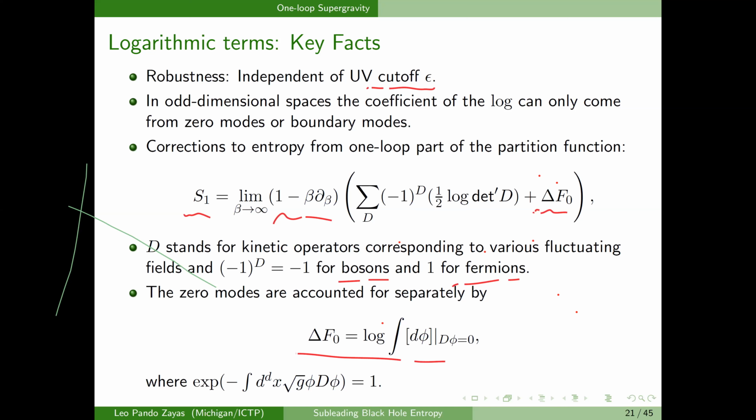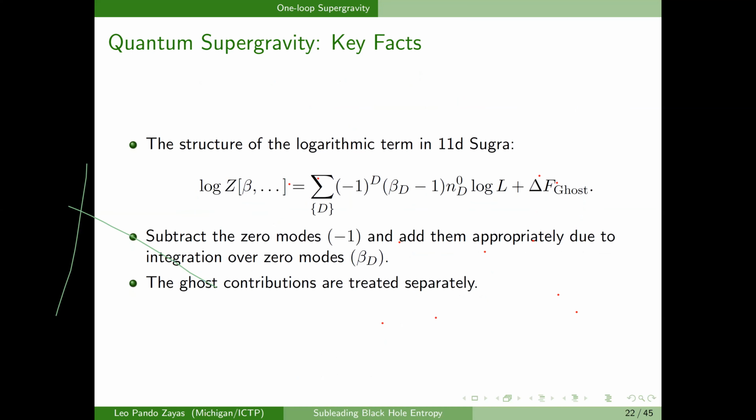But that's essentially what I need to do. Again, the key point is that the coefficient of the log is robust. It doesn't depend on the UV cutoff. And the main contribution that I would have gotten is 0. So I only have to worry about zero modes to do this computation. This is the structure of logarithmic corrections in 11-dimensional supergravity.